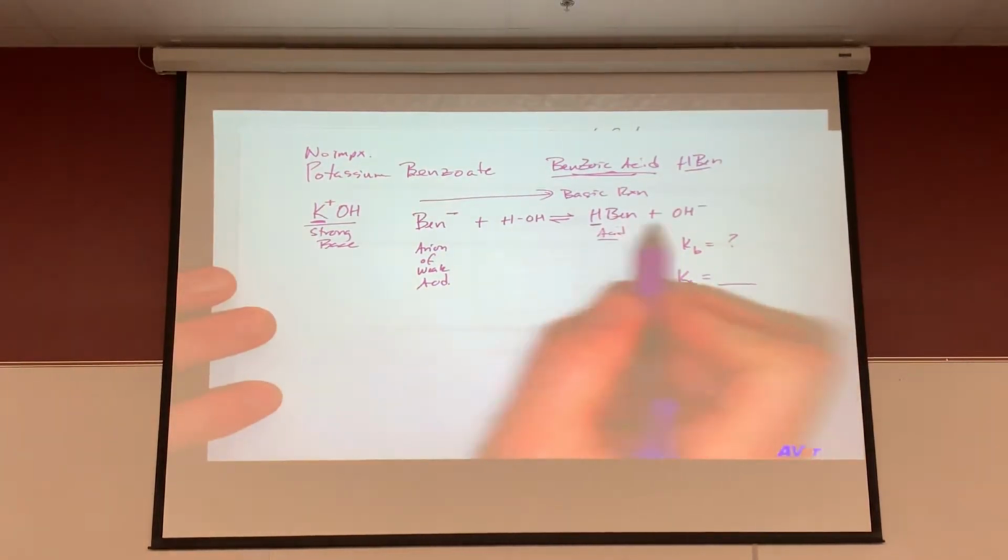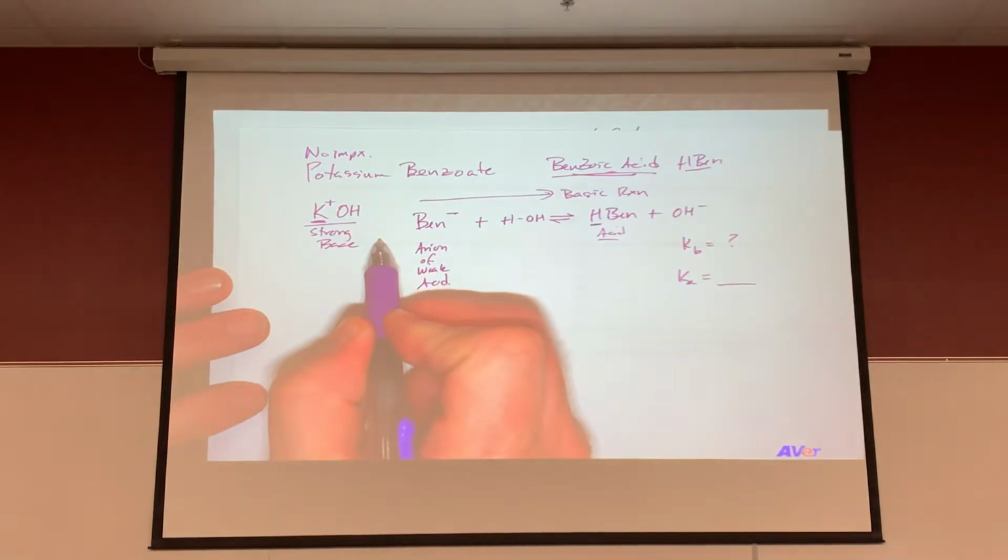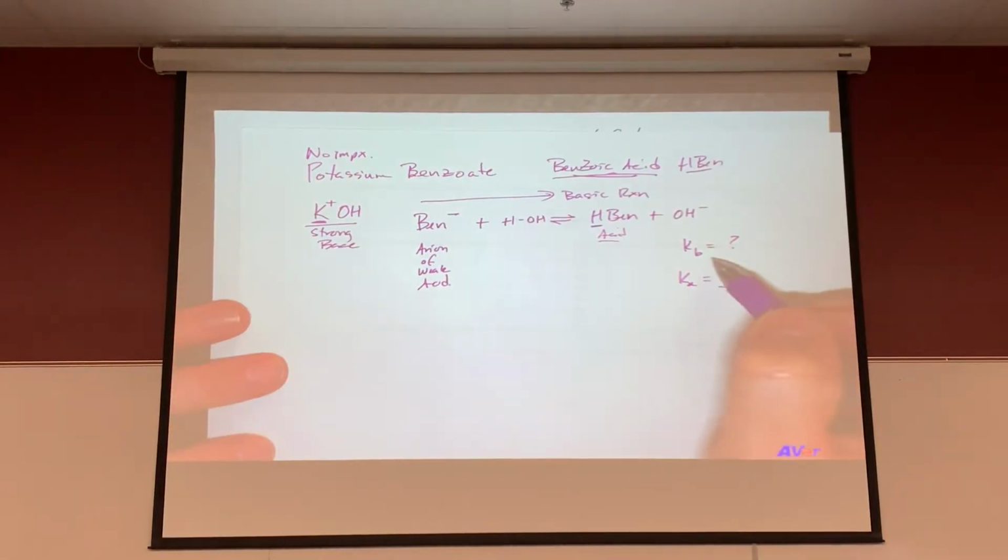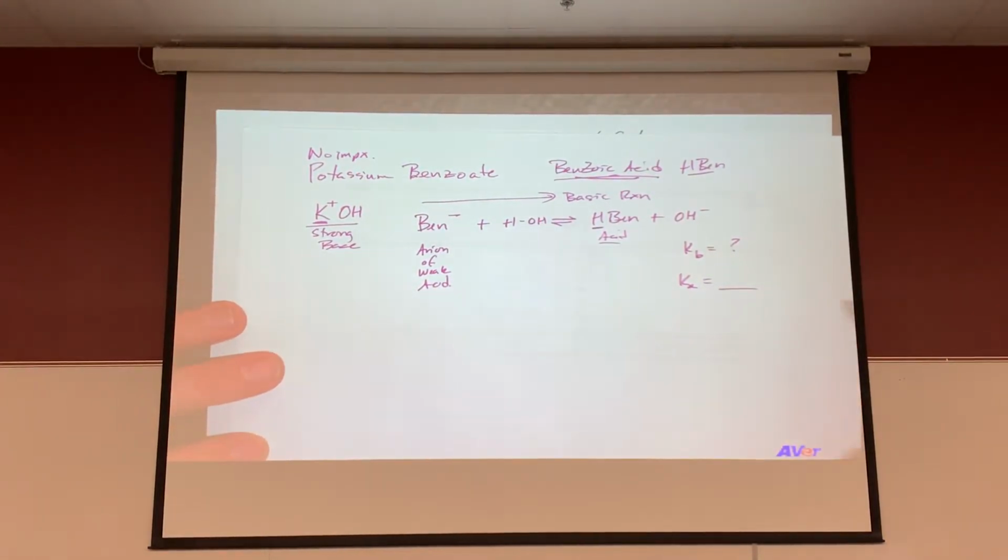You have to look at the Kb numbers. Right, but then what's the point of calculating the pOH of something that's not even real? Like, you'll never isolate that.